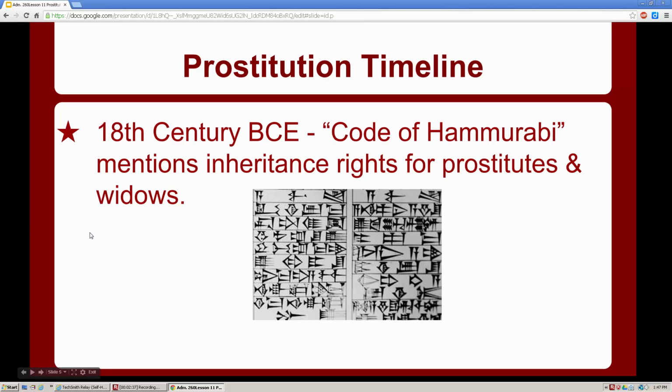And in one of those sections, he mentions the inheritance rights for prostitutes and for widows. A lot of it has to do with inheritance for widows and prostitutes, so that they can maintain a certain standard of living and a certain amount of property. So that's what that had to do with Hammurabi.